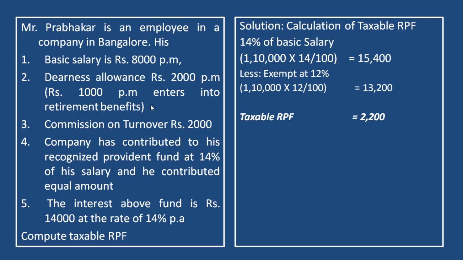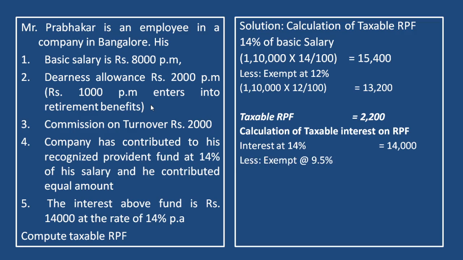Next, let us see the interest credited, that is, how much is taxable. Here is the calculation of taxable interest on RPF. Let us look at the fifth point. 14,000 is at the rate of 14%, so interest at 14% equals 14,000. We should deduct 9.5%, because up to 9.5% is exempt.